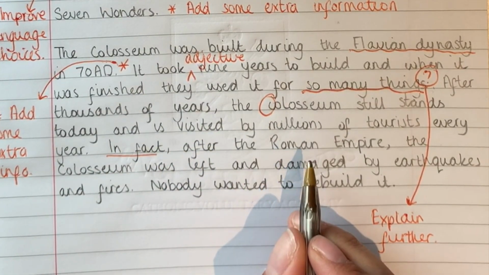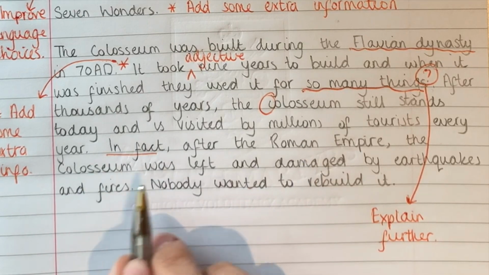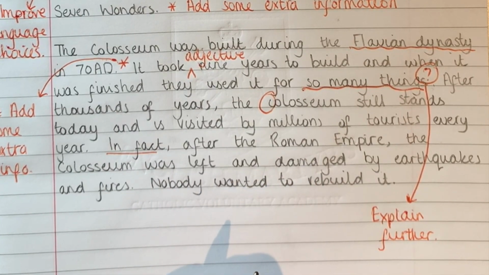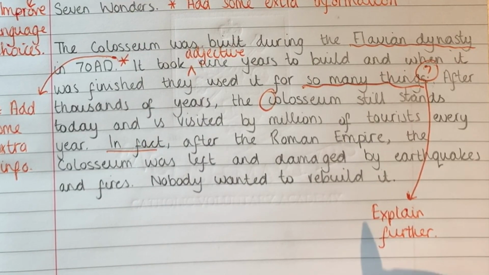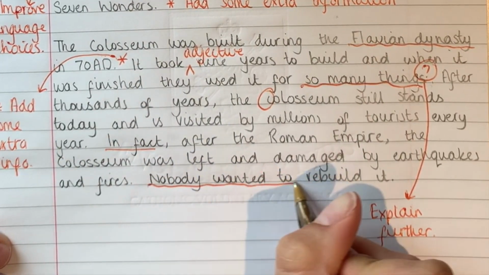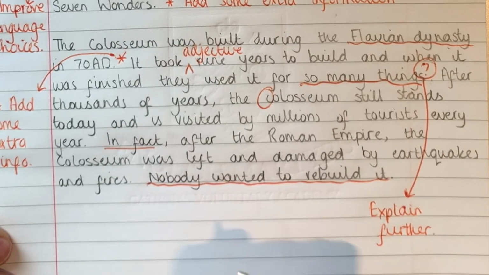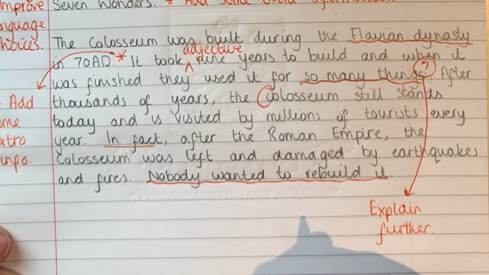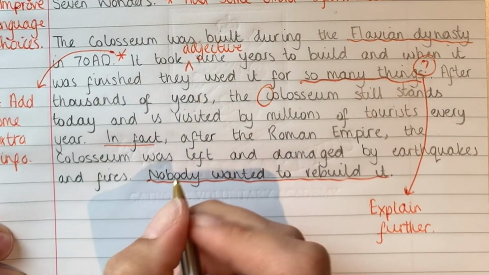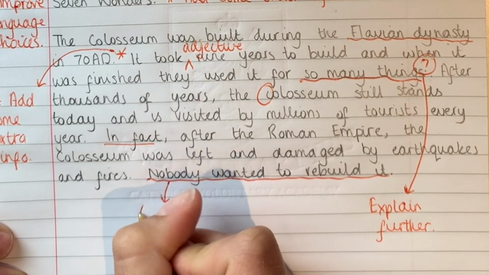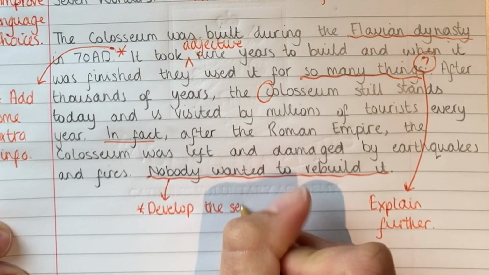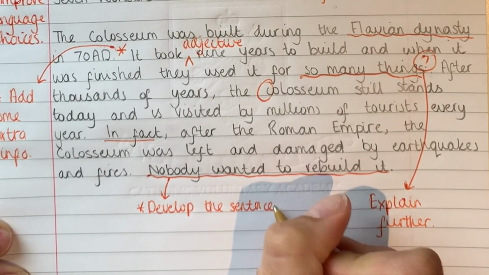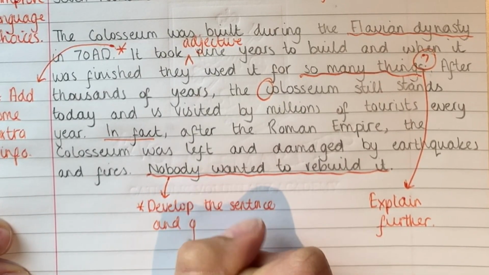After the Roman Empire, the Colosseum was left undamaged by earthquakes and fires. Nobody wanted to rebuild. So what I'm going to do there, this sentence, nobody wanted to rebuild, it doesn't finish my paragraph off very well, so I'm going to develop the sentence and give more information.